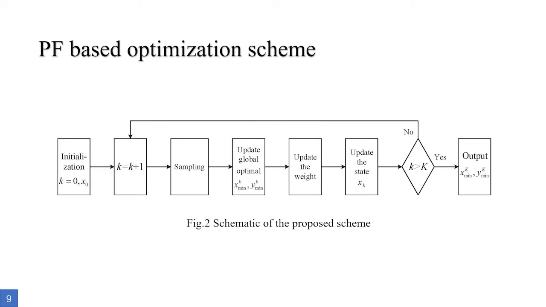A schematic of the proposed optimization scheme is presented in Figure 2. As we can see, it is an iterative optimization process. The state of the system is initialized, and then iteratively updated.